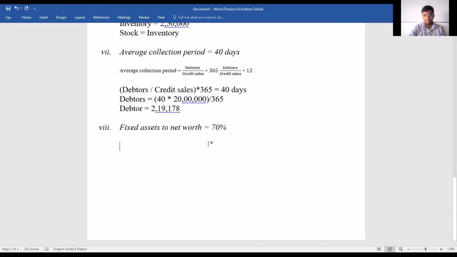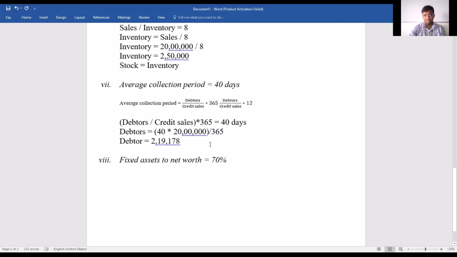Then the next piece of information that we have is fixed assets to net worth. Fixed assets divided by net worth, we've been told, is 70%, or 0.7. So fixed assets is equal to net worth into 0.7.